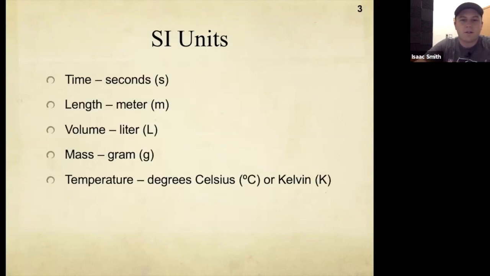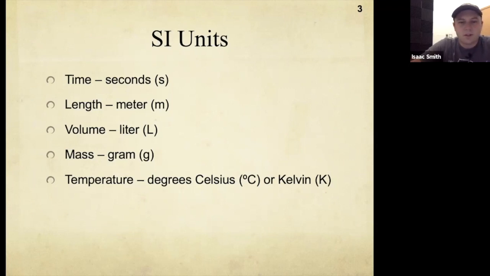So let's see. SI units, those are the scientific units that we use. So time is in seconds, length is in meters, volume is in liters, mass is in grams, and temperature is generally in Celsius or Kelvin.